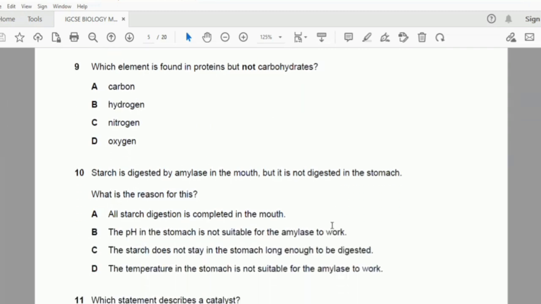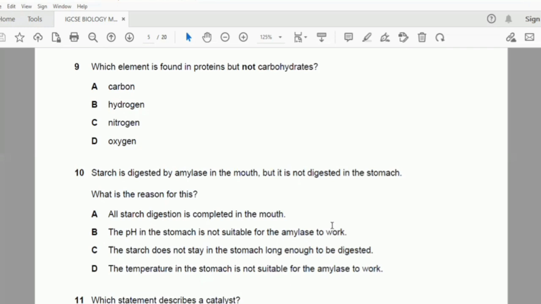Number 10 here, starch is digested by amylase in the mouth, but is not digested in the stomach. What is the reason for this? All starch digestion is completed in the mouth. That is wrong. The pH in the stomach is not suitable for the amylase to work. The starch does not stay in the stomach long enough to be digested.